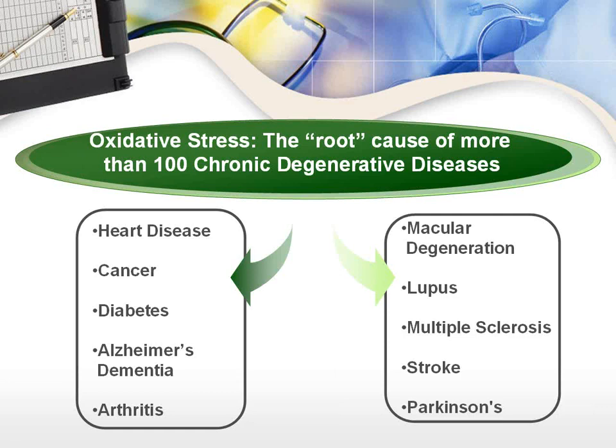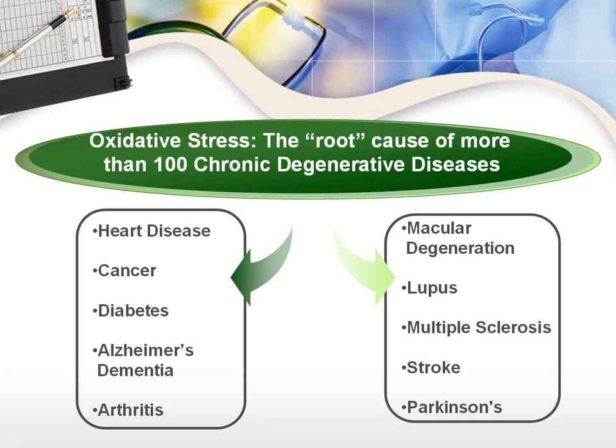And the medical literature shows beyond any shadow of doubt that it's the root cause of more than 100 chronic degenerative diseases. These are diseases you and I would love to avoid, and my patients want to avoid. They're diseases like heart disease, cancer, diabetes, Alzheimer's dementia, Parkinson's disease, arthritis, macular degeneration, lupus, multiple sclerosis, and the list goes on and on.